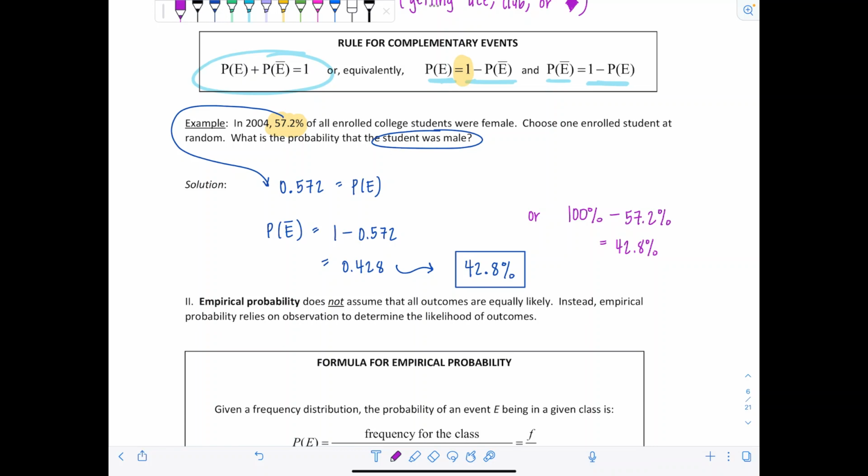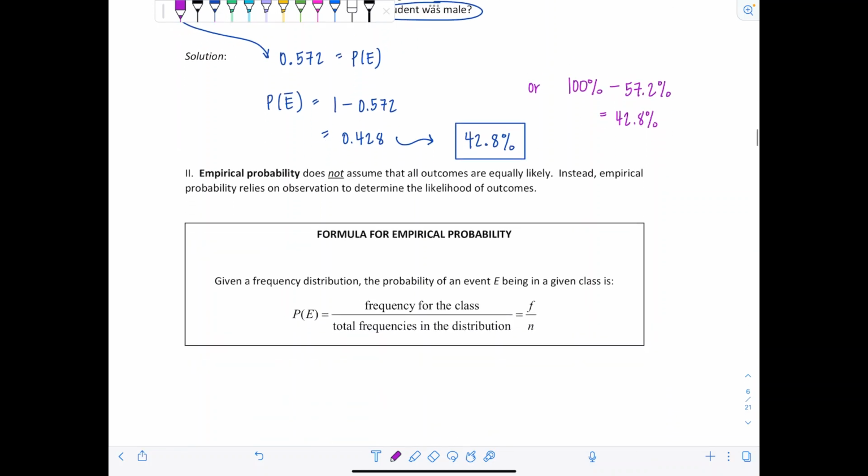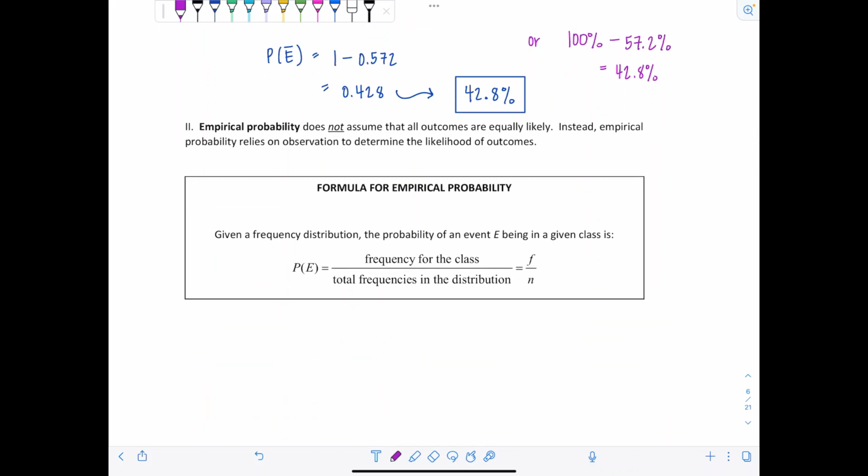Now we're going to go into empirical probability. And empirical probability does not assume that all outcomes are equally likely. Instead, empirical probability relies on observation to determine the likelihood of outcomes. So this is really a more appropriate time to use frequency divided by n, because frequency usually deals with how many times you observe something when you're collecting data, which is why this is an empirical approach for probability.